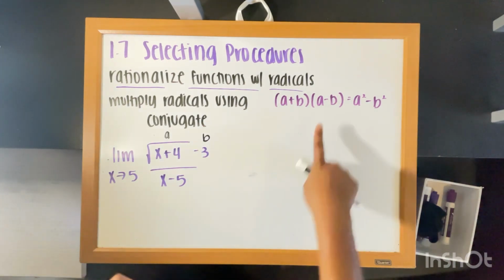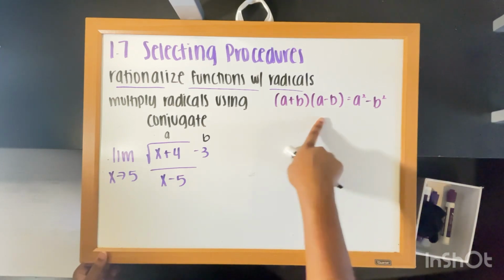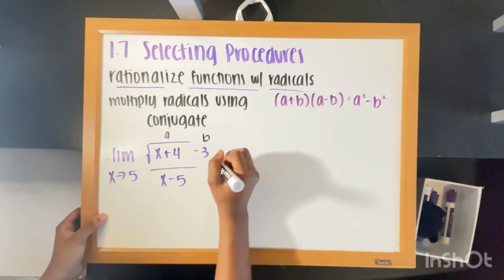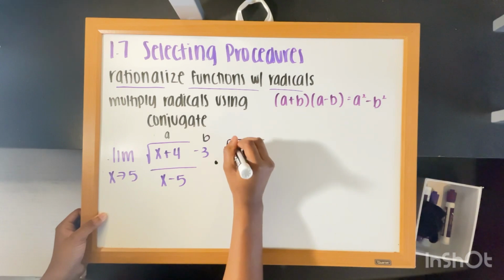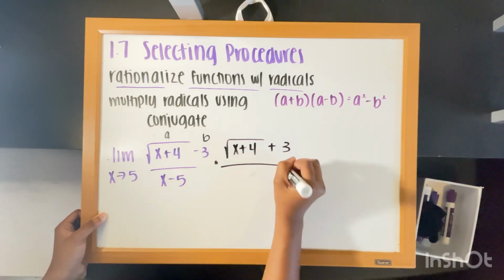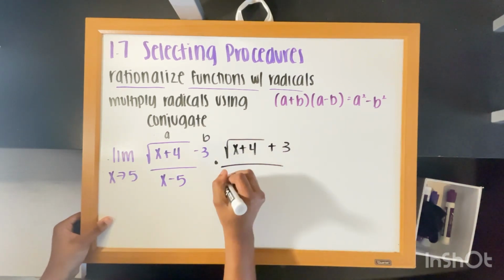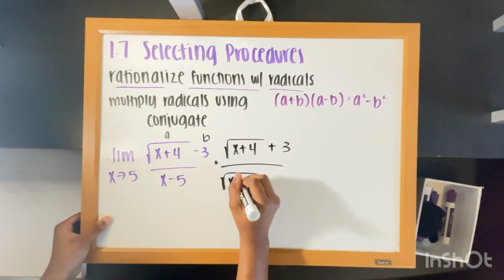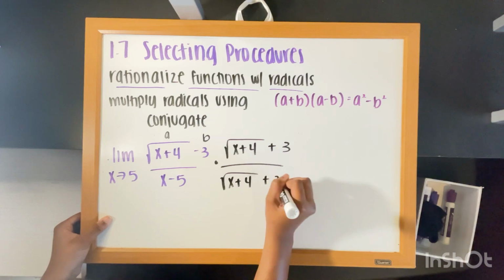So if I'm going to multiply this by its conjugate, which is a plus b, I would multiply by the square root of x plus 4, plus 3. And whatever I do to the top, I have to do to the bottom. So I would also multiply the bottom by the square root of x plus 4 plus 3.